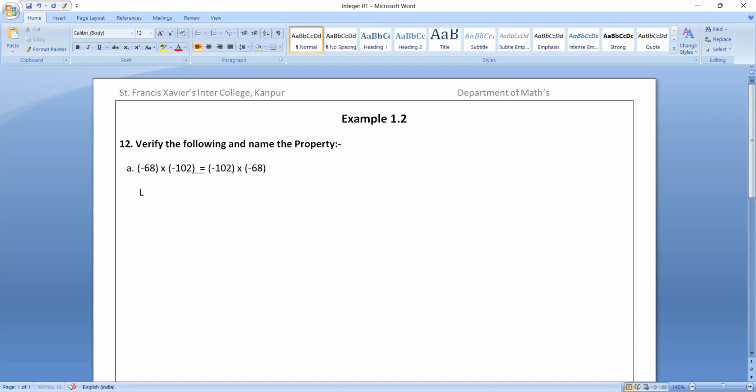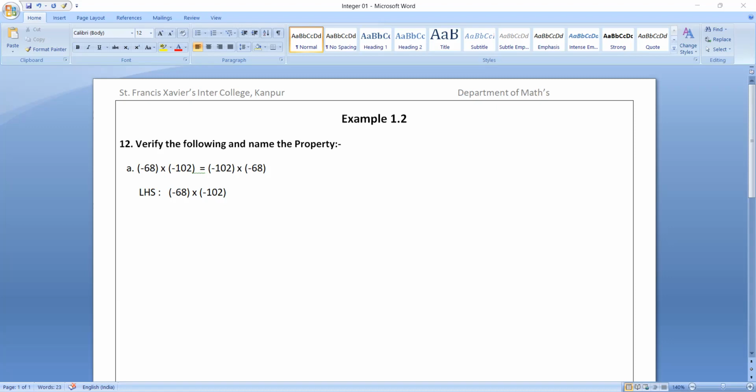So firstly, we have to take LHS. In LHS side, you can see there is minus 68 and there is minus 102. My dear student, you have to calculate yourself. I just give you time, so you just easily get the answer.